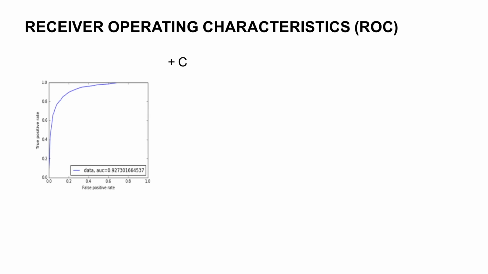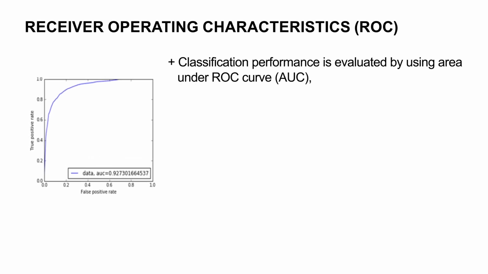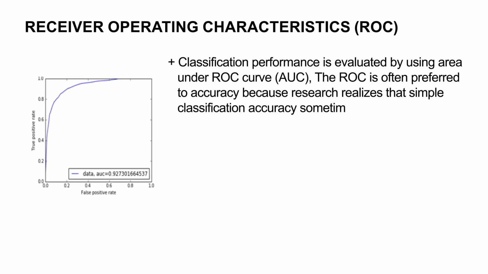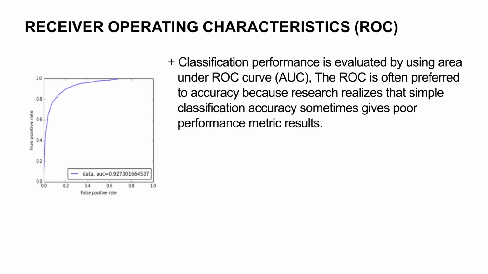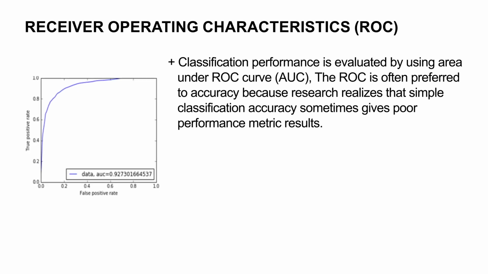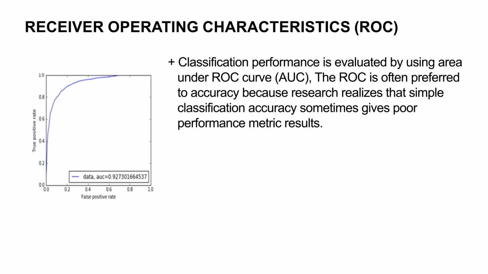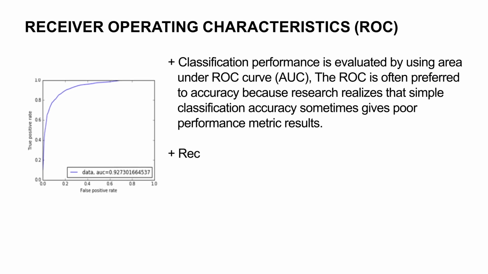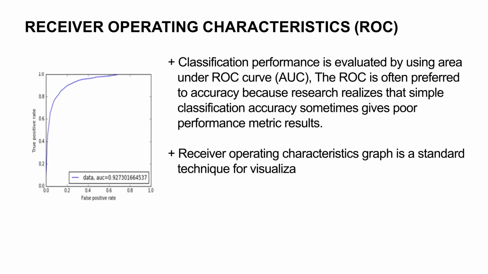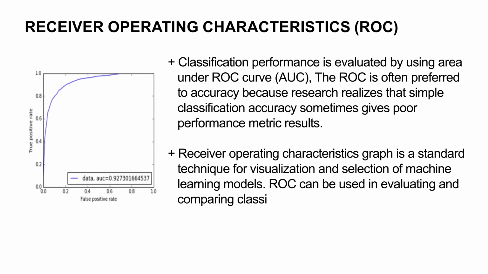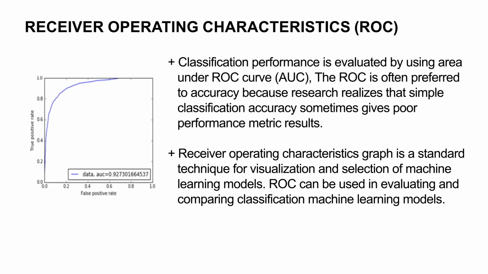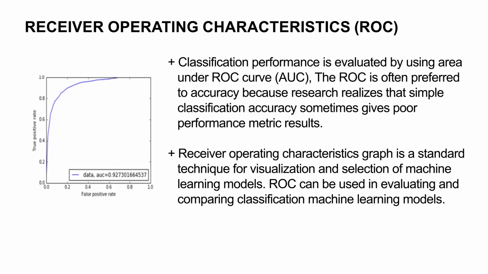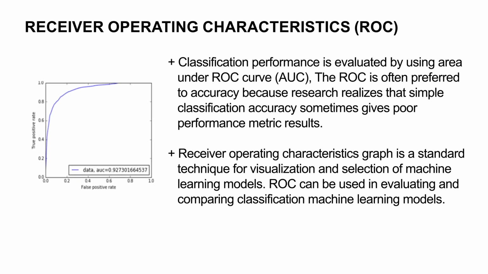Receiver Operating Characteristics, ROC. Classification performance is evaluated by using the area under the ROC curve, AUC. The ROC is often preferred to accuracy because research realizes that simple classification accuracy sometimes gives poor performance metric results. The Receiver Operating Characteristics graph is a standard technique for visualization and selection of machine learning models. ROC can be used in evaluating and comparing classification machine learning models.